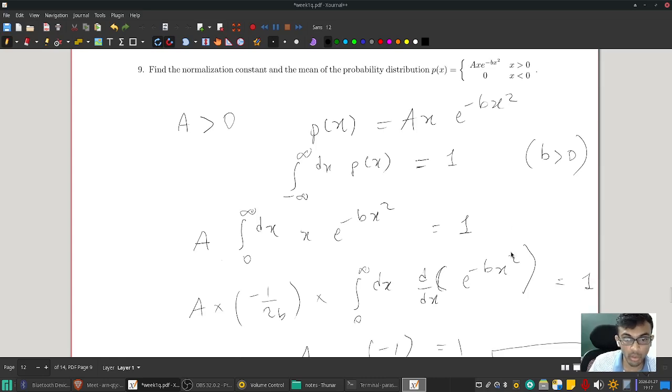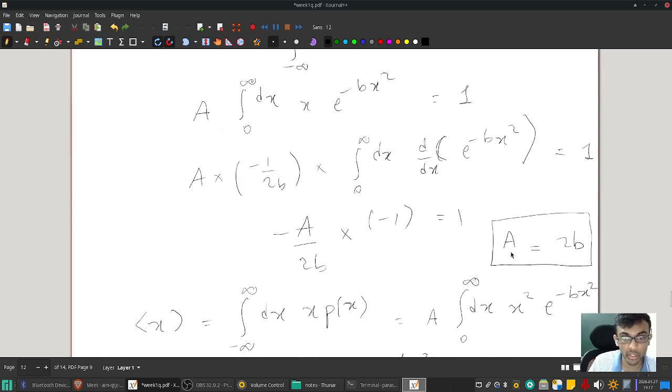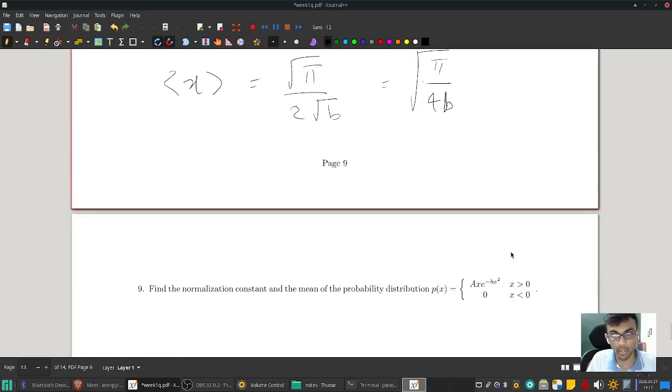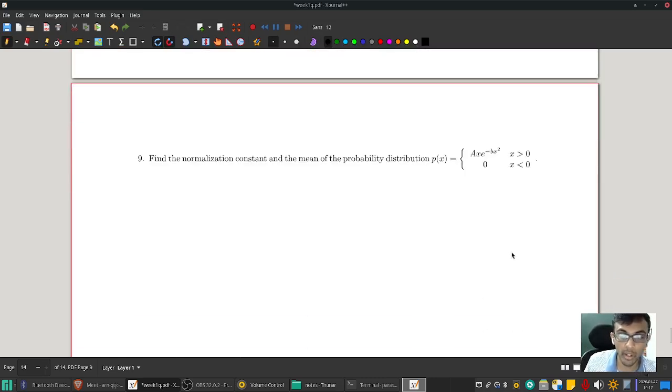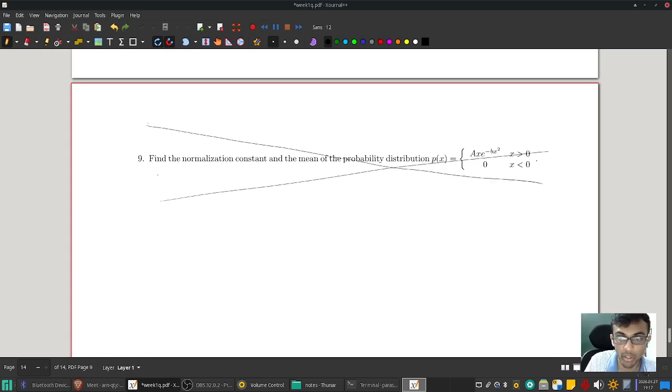Let's say to illustrate this further, let's also try to calculate the expectation value of x square. Again, sorry about this. Let me just try to strike this out.